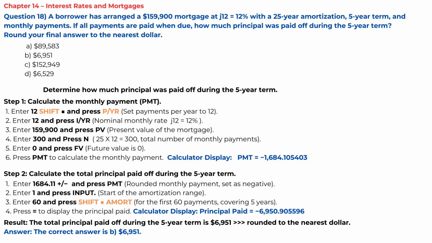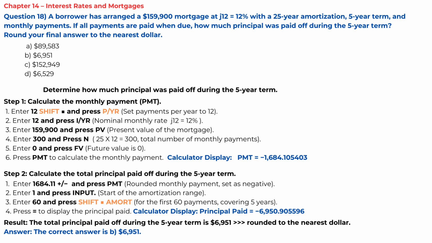12 shift PYR, set payments per year to 12. 12 press IYR, nominal monthly rate J12 equals 12%. 159,900 PV, present value of the mortgage. 25 years times 12 months, which equals 300, that is our total number of monthly payments.